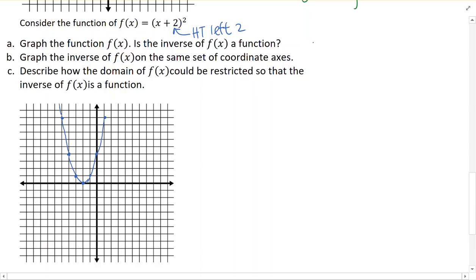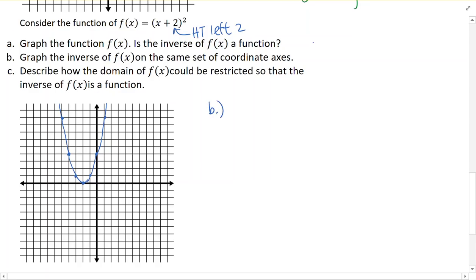Okay, so there's our parabola, or our f of x function. I'm actually going to skip the question, is the inverse a function, and come back to it after I do question B, which is to graph the inverse. Once we graph it, it'll be very clear whether or not this is a function.